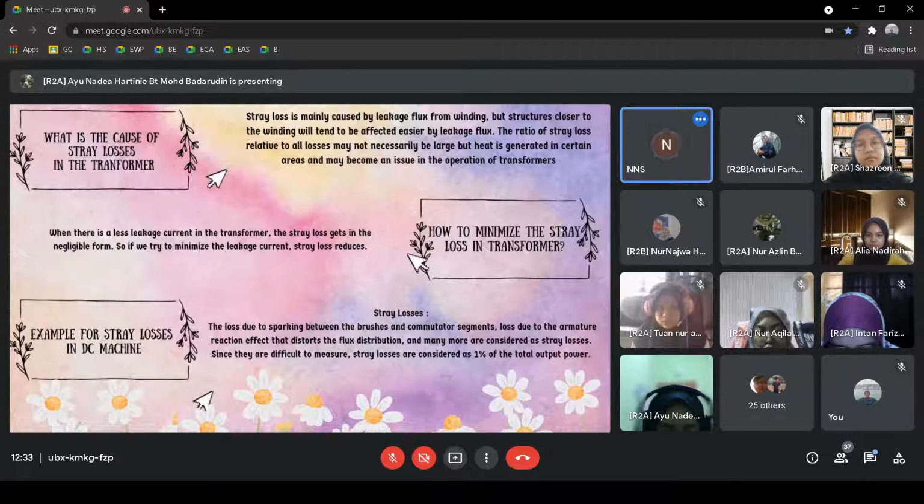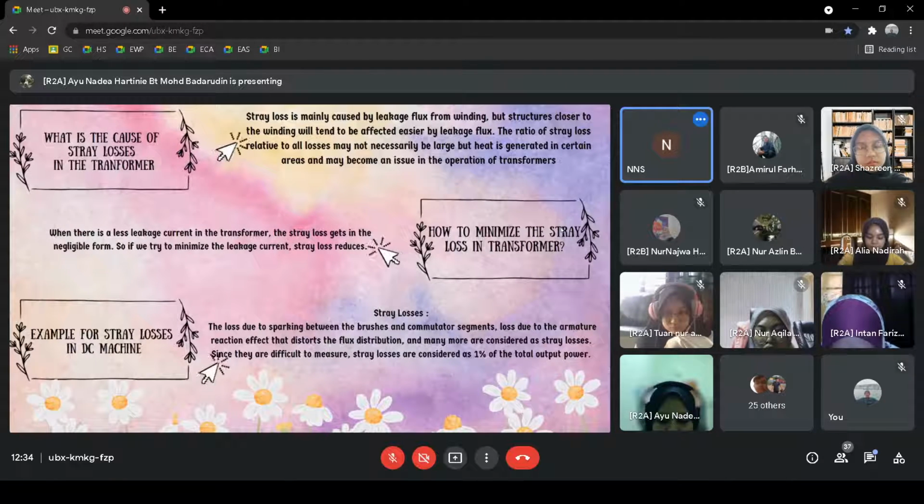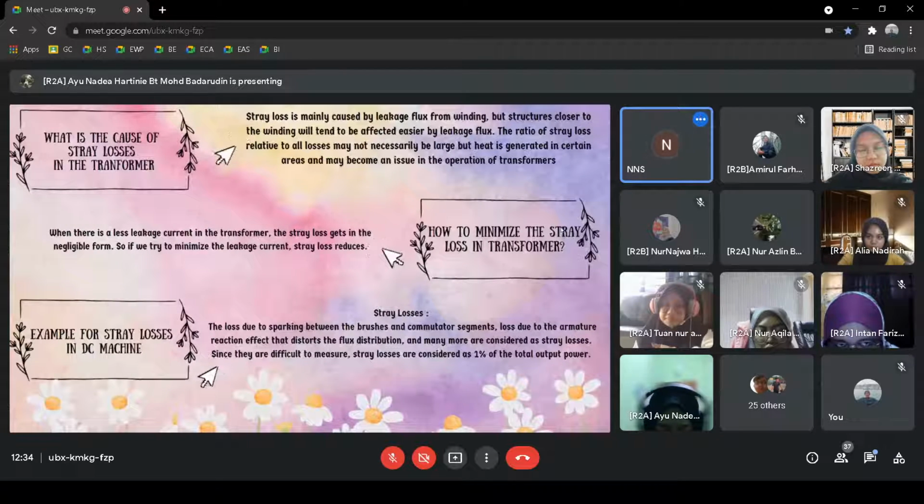Halo, halo. Oh, langsung tak dengar dah. Azlin, Azlin. Mana orangnya?